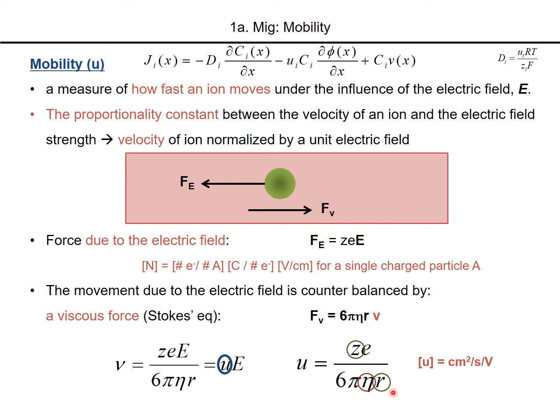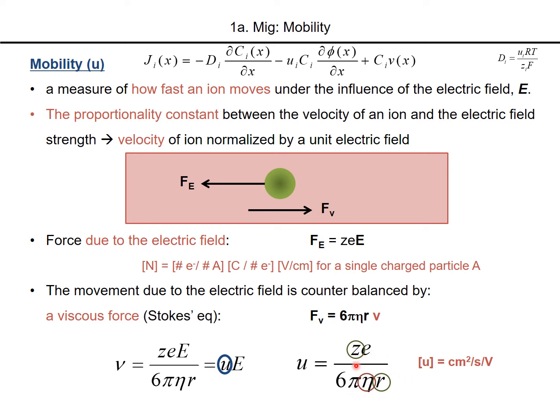I'd like to emphasize that the charge amount and the size are the characteristics of the ion or this charged particle. Also, the mobility is determined by the characteristics of the media, the viscosity of the solvent. So again, the mobility is ze per 6 pi eta r.